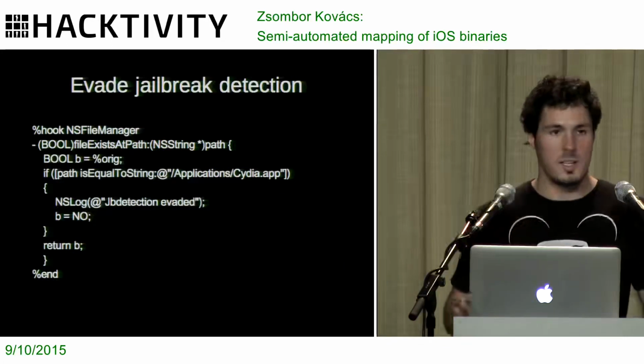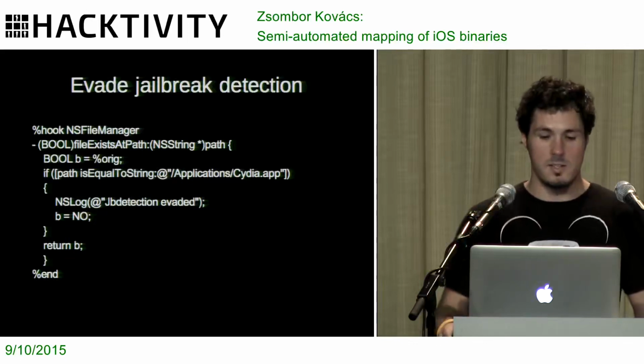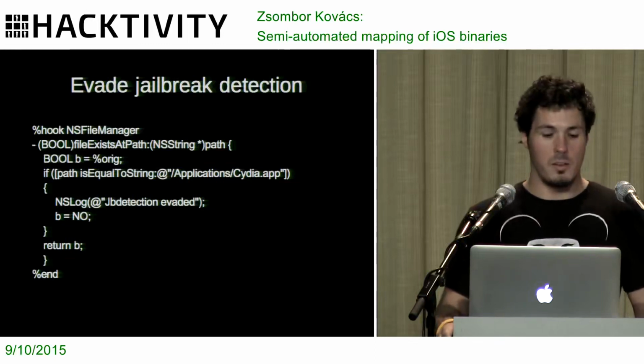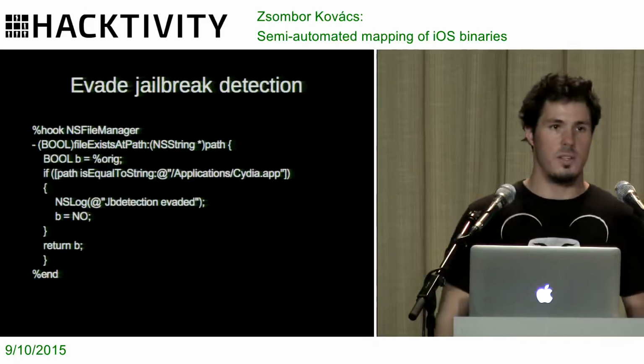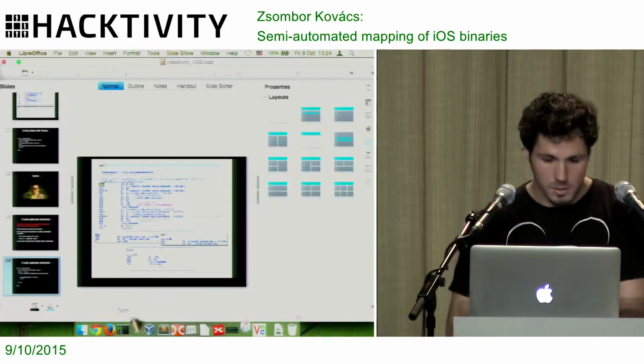So it's pretty easy to understand what it does. In case the parameter is this /Applications/Cydia.app file, then we return a null, otherwise we return whatever is returned. And we compile this in the same fashion.